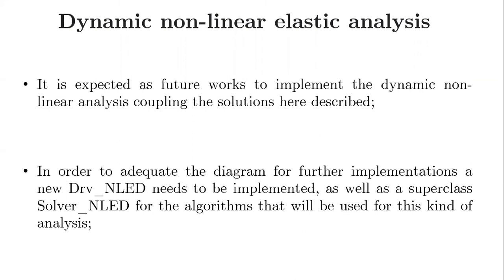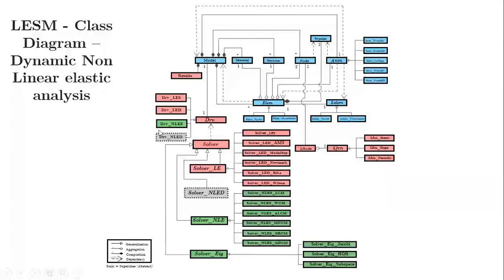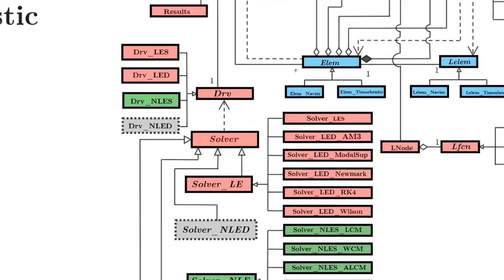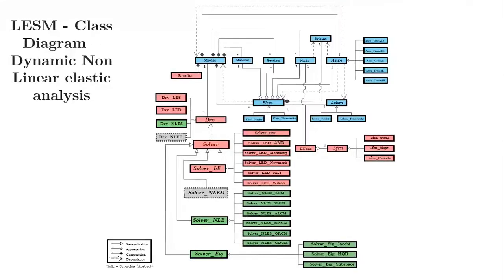Also, a new driver subclass needs to be implemented. Here it's possible to see where those classes referring to this fourth kind of analysis, which is the dynamic nonlinear elastic analysis, would be in our class diagram.